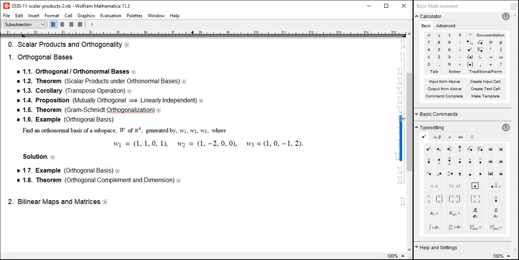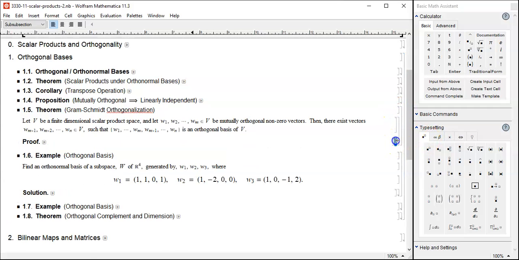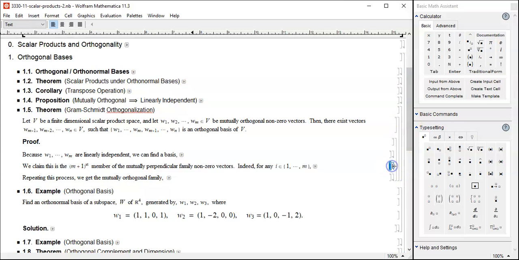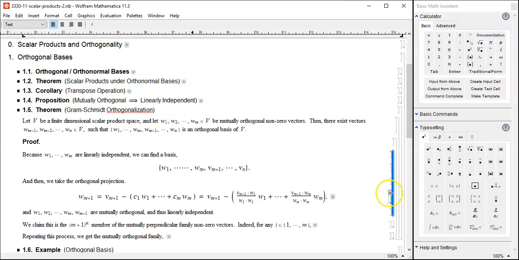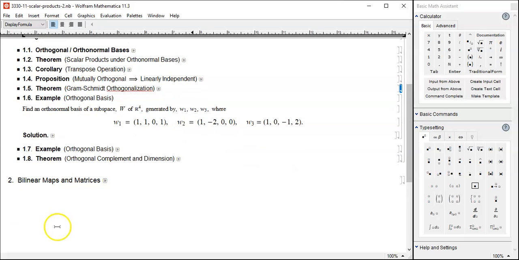So what we need to do is use the Gram-Schmidt process, and in this Gram-Schmidt orthogonalization formula, let's copy and paste it over here.